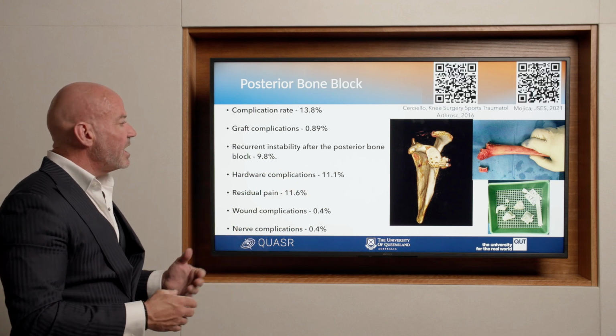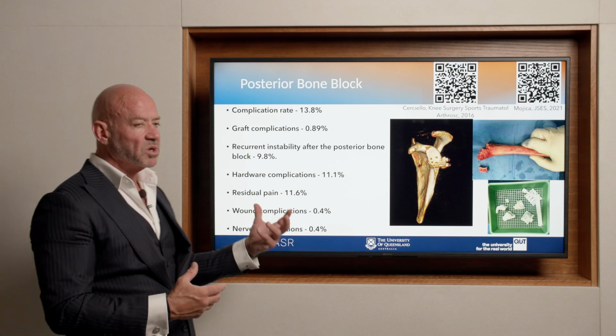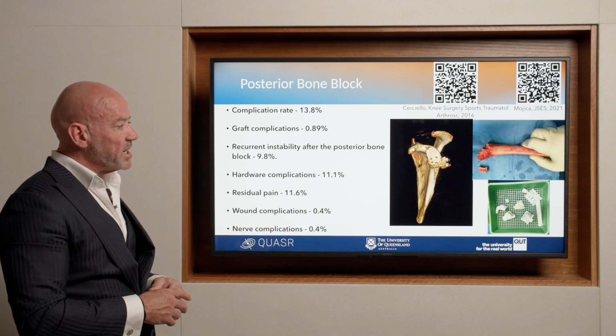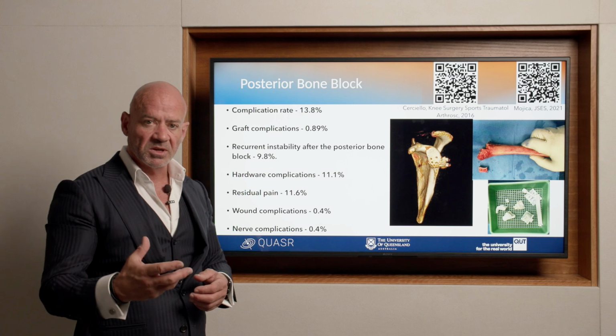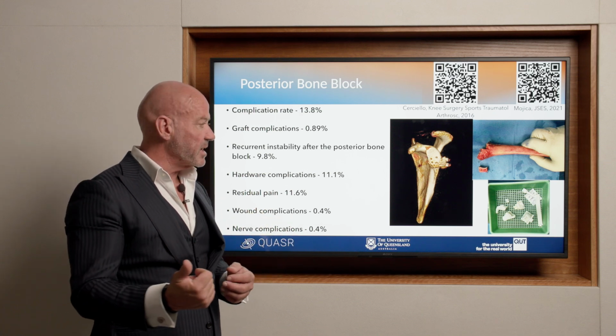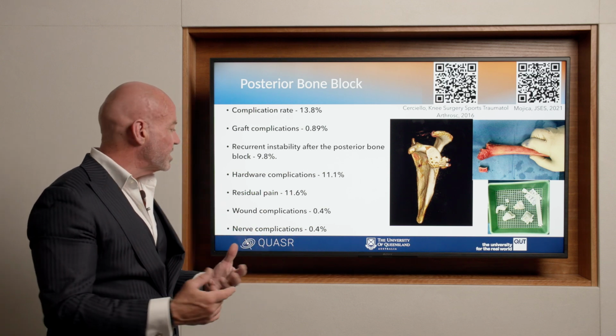Hardware complications, about 11% of patients had problems with the hardware, so that's with the screws being too long or migrating or issues there. Residual pain, about 11% of patients had residual pain in their shoulders and shoulder discomfort. Their shoulder problem wasn't completely fixed by this. That may be related. Maybe they had some arthritis, maybe the bone block wasn't entirely correctly positioned.